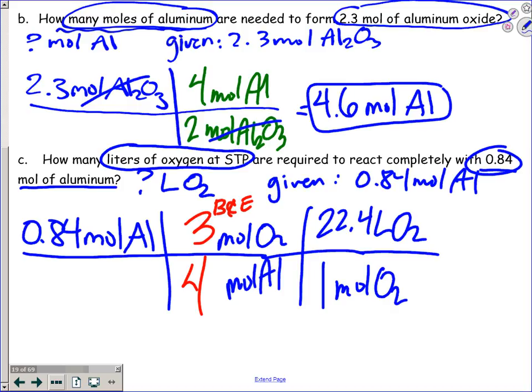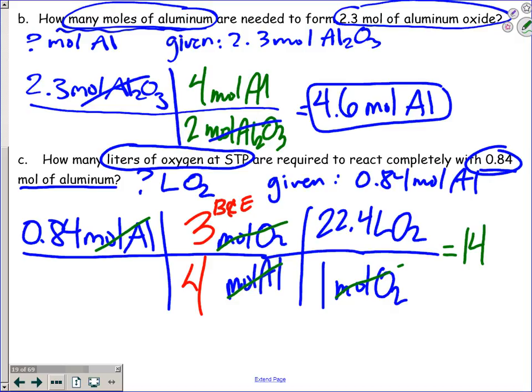Calculate. Because the moles of aluminum cancel, moles of oxygen cancel. Look at this. Does anybody need a calculator? What we got here? 14.1.